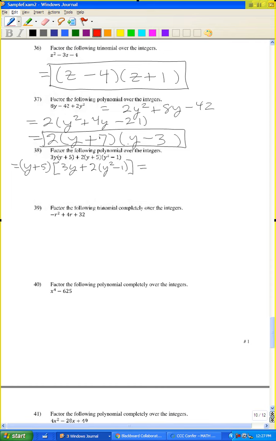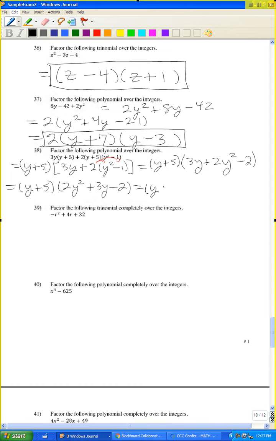Let me simplify this. Let's multiply the 2 inside the parentheses. So I get y plus 5 times 3y plus 2y squared minus 2. Let me rewrite this in descending order. So I get y plus 5 times 2y squared plus 3y minus 2.